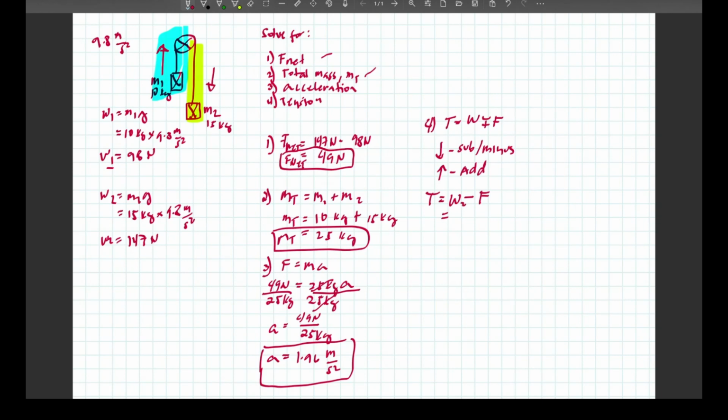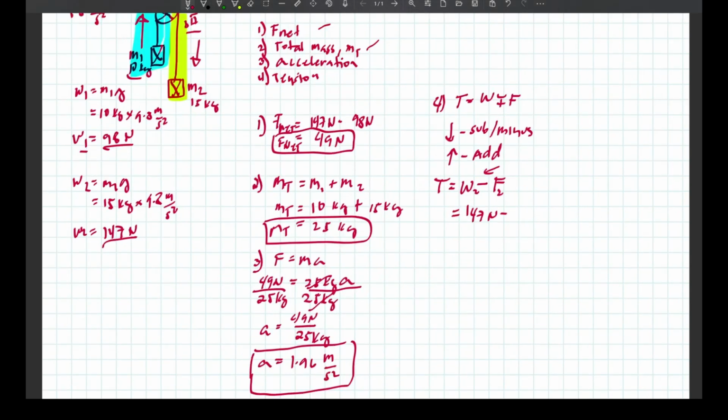Okay, so let's just plug in the values. So W2, and of course F2. W2 is 147 Newtons, minus F2. So we do not have F2 yet, so we need to solve F2. F2 equals M2 times acceleration.